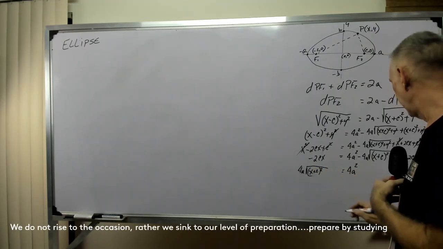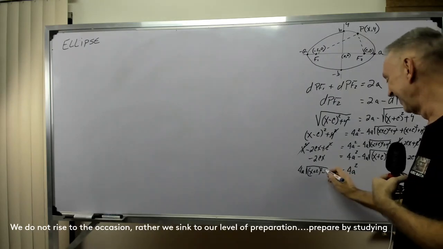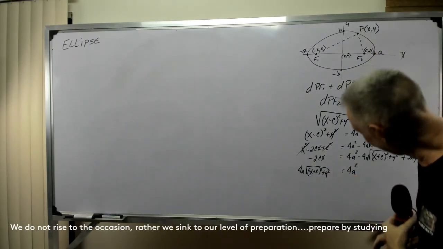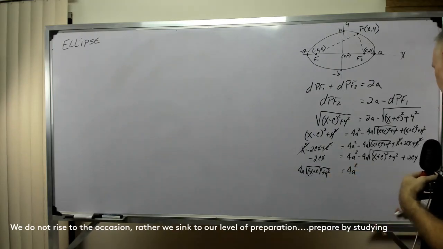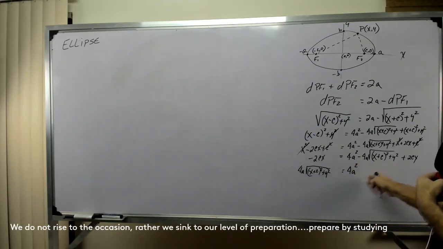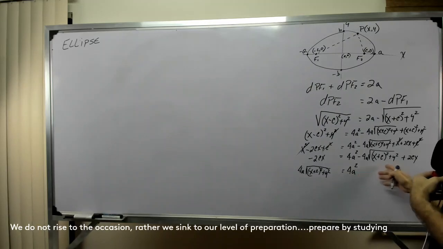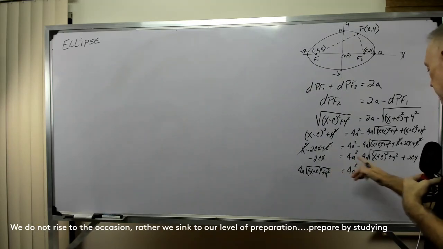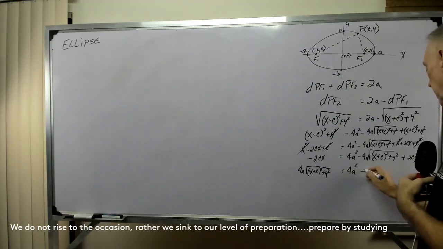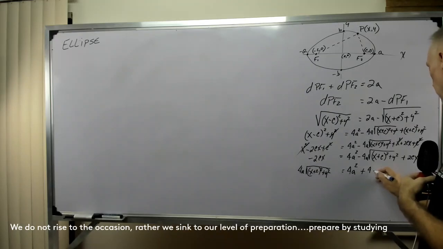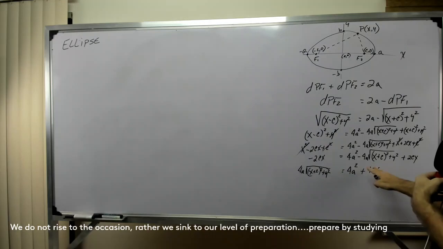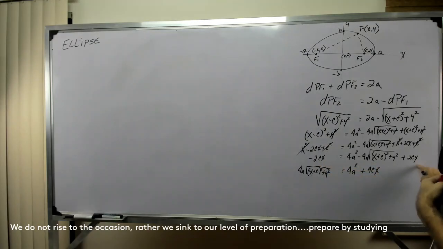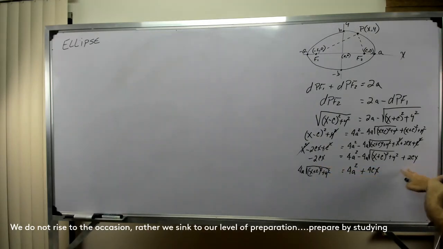I'm writing at an odd angle here, so bear with me. Hopefully the writing is not running downhill. All right, that's all under the radical. 4a, so I've added that. And I'm going to add this to both sides, so that would give me plus 4cx. So I had two of them here, I add 2 to this 2, gives me 4.